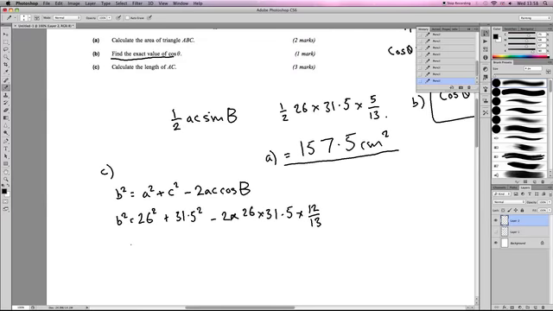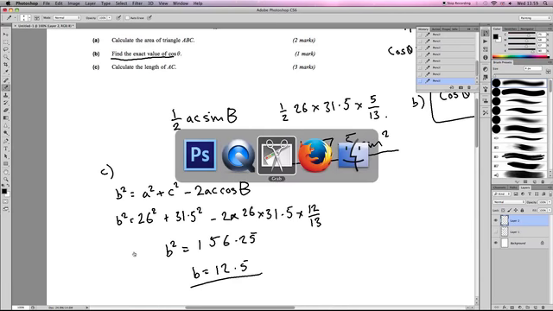So shove all that into your calculator: 26 squared plus 31.5 squared minus 2 times 26 times 31.5 times 12 divided by 13. Alright, we get a b squared of 15625. So now when we square root that, we get a length of 12.5. And that's it. I'm going to go mark it now.